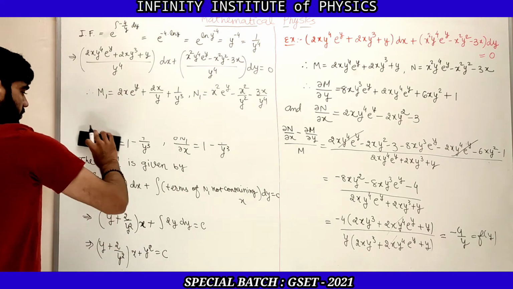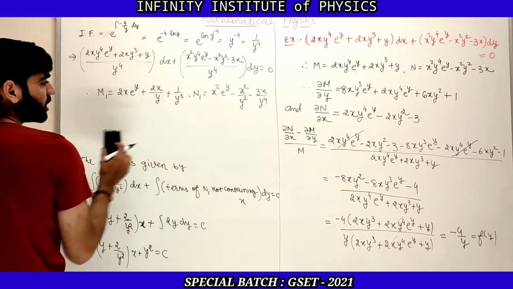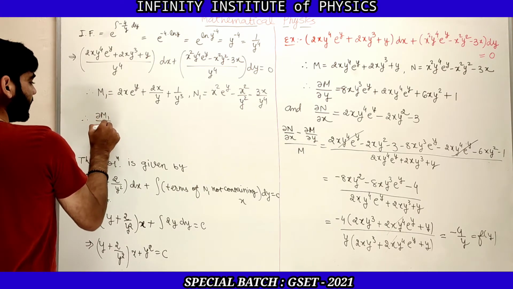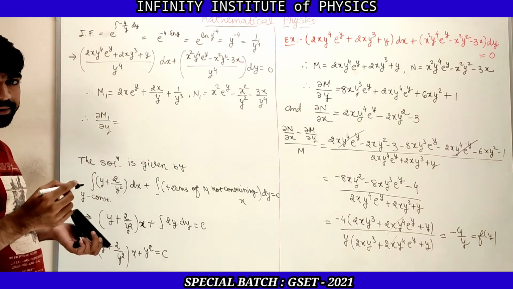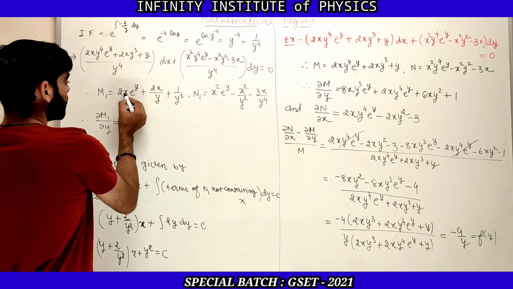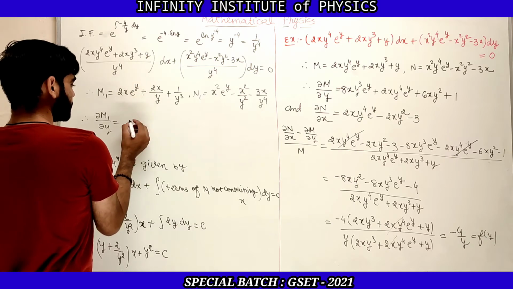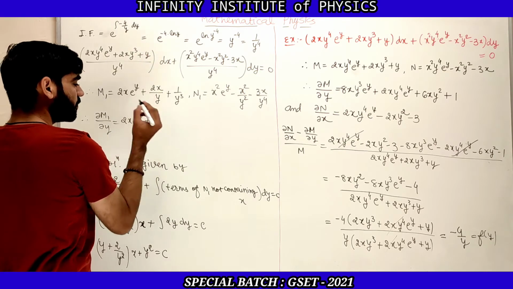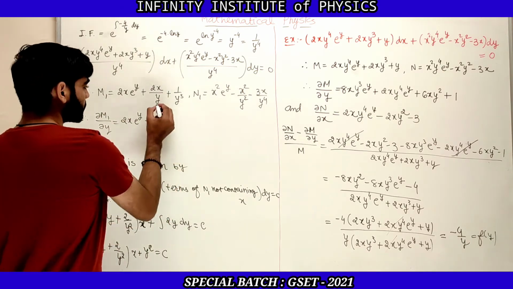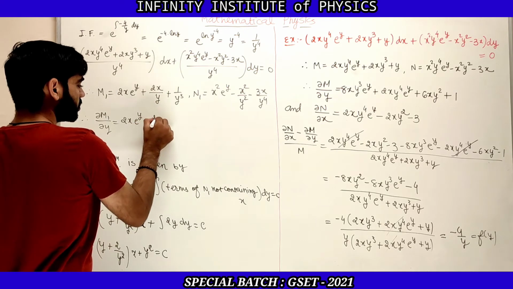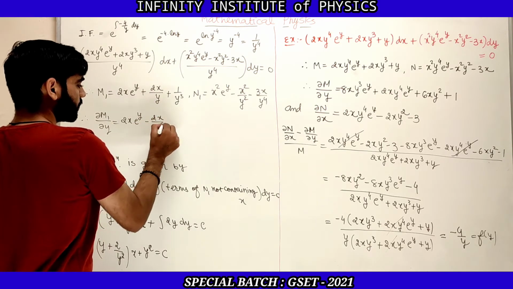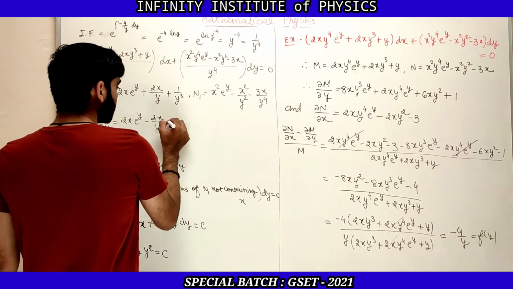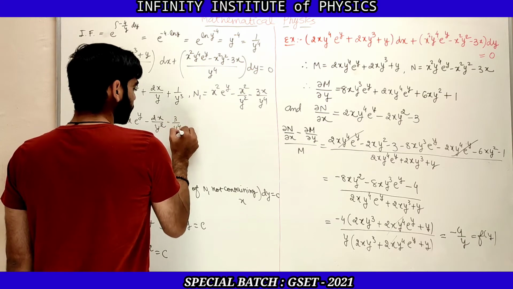And now let us find ∂M1/∂y. So 2x, and the differentiation of e^y is e^y, so it is 2x e^y; the differentiation of 1 upon y is minus 1 upon y², so it is minus 2x by y²; and the differentiation of 1 by y³ will be minus 3 by y⁴.